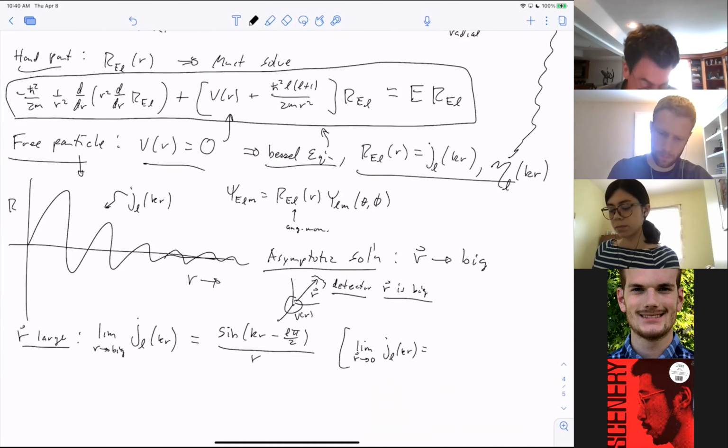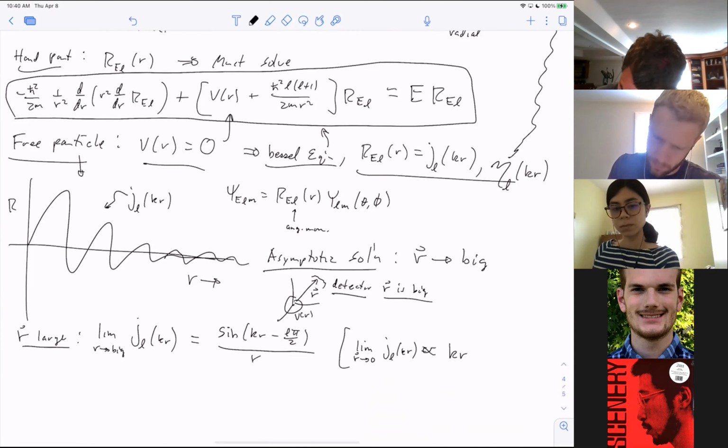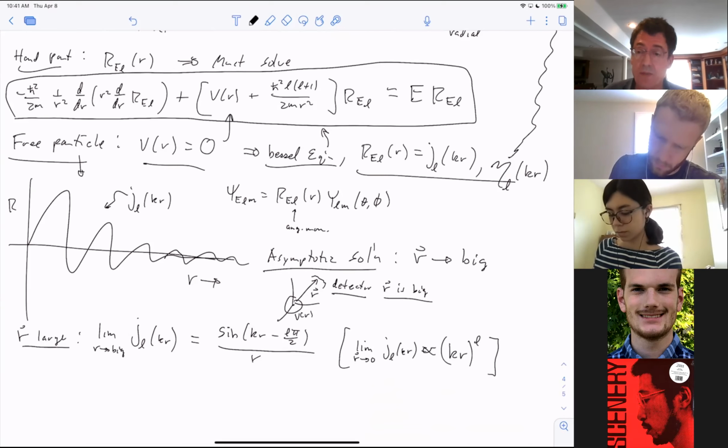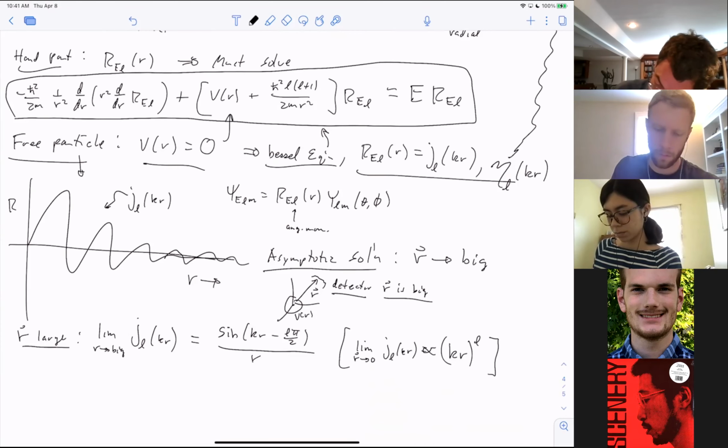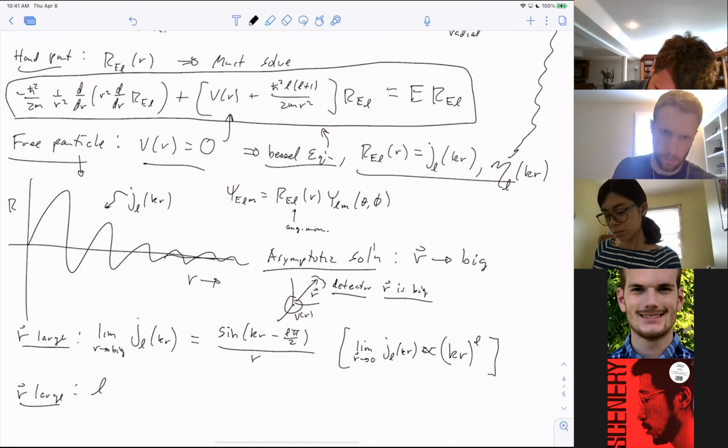And this is just something you can look up in a book, is proportional to kr to the L, which is well defined at 0 because it just goes to 0 at 0. But if you look at this other function, the Neumann function, then the limit of the Neumann function as r goes to 0 is not well defined.